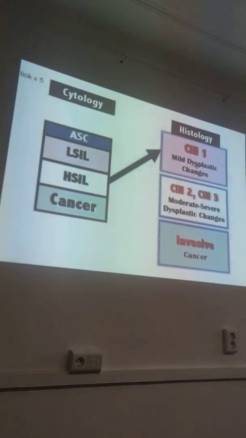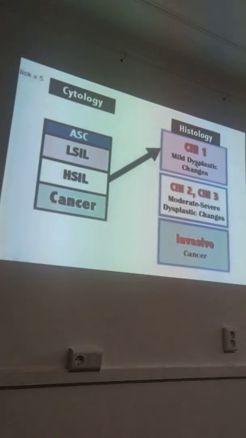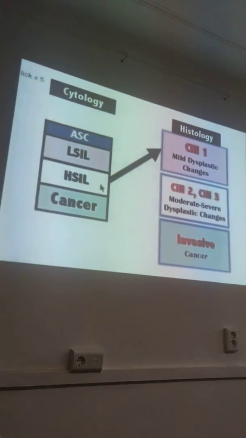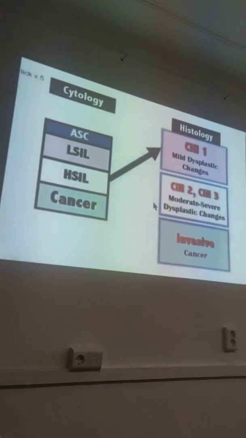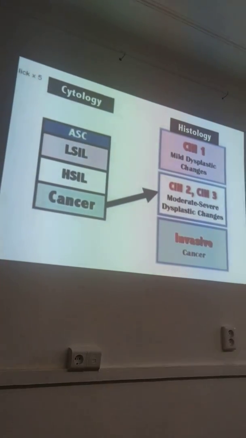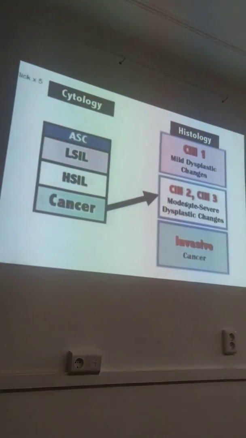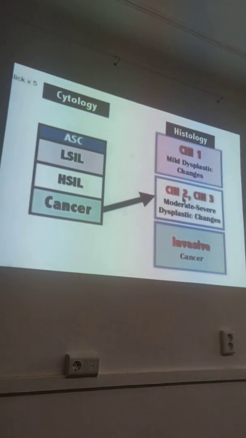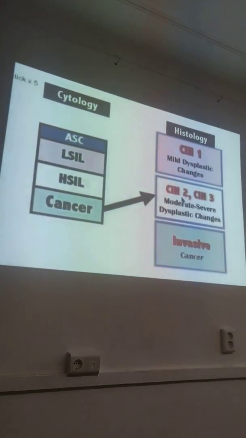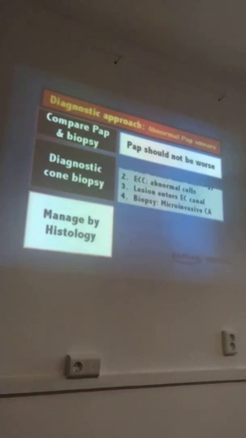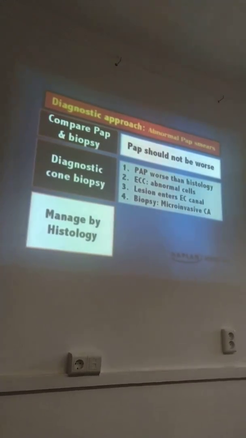Something doesn't fit. You haven't found the area where the severely abnormal cells came from. What if you have cancer on the cytology, and yet the histology says it's intraepithelial? You missed it. Now what do you have to do? You've got to do a cone biopsy.